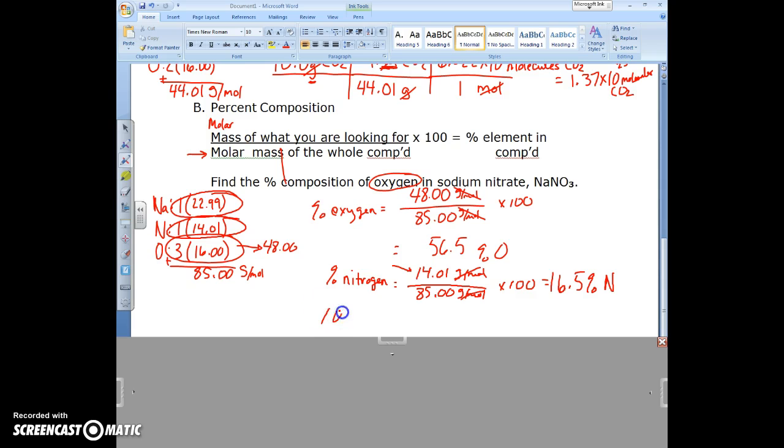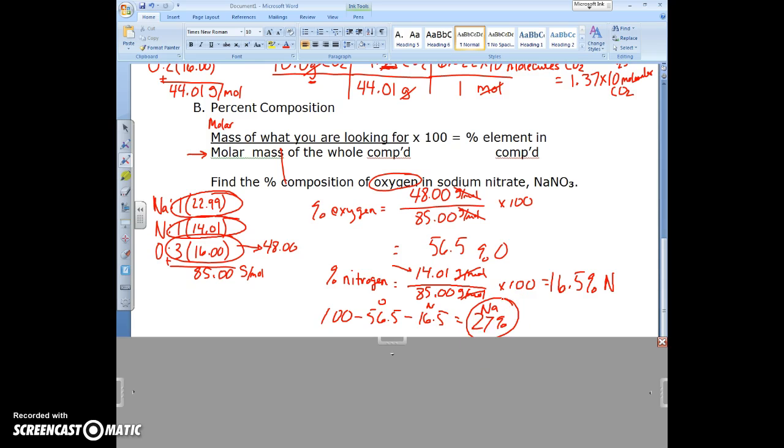So I could say 100 minus 56.5 minus 16.5, because this is the oxygen, this is the nitrogen. The only thing that will be left is the sodium. And then I could calculate it that way, 100 minus 56.5 minus 16.5. And I end up with 27% sodium, doing it that way.